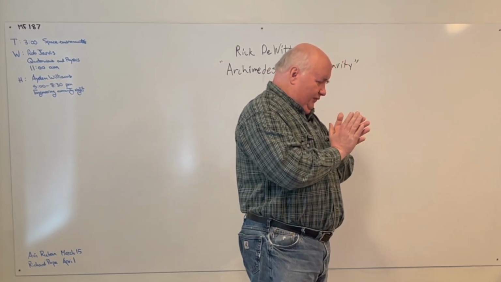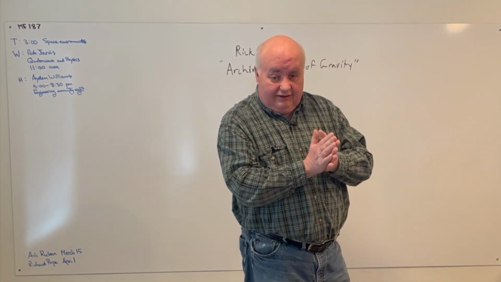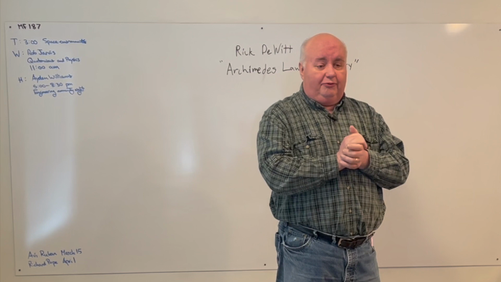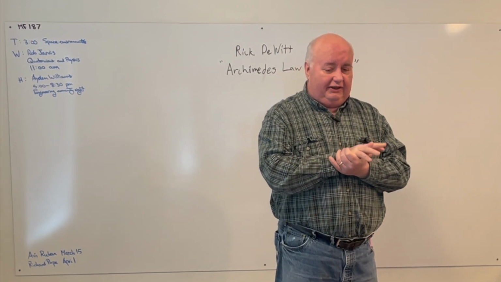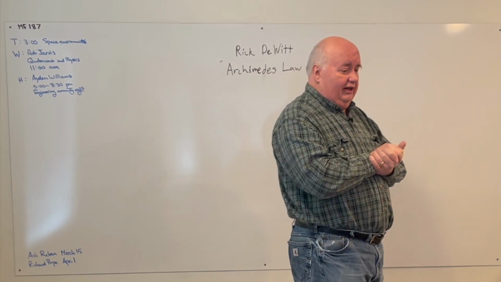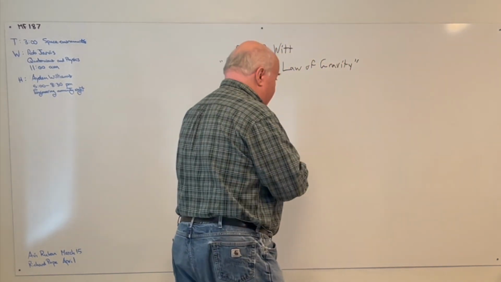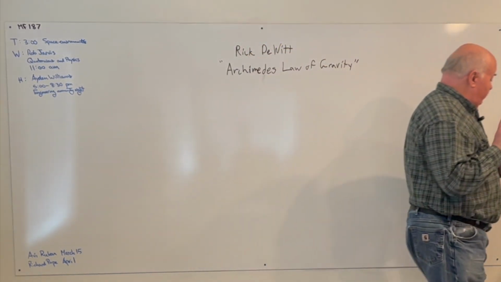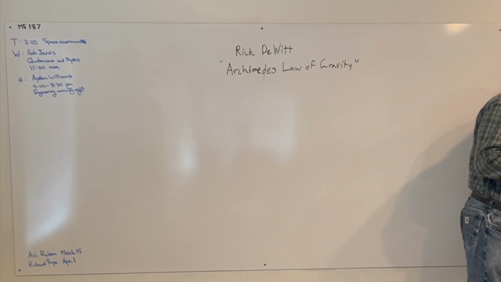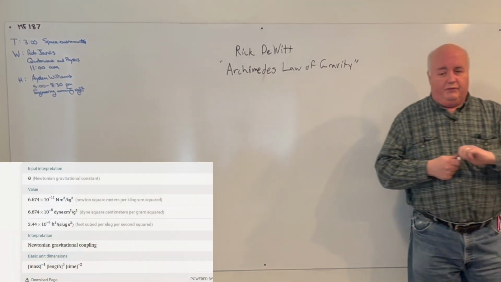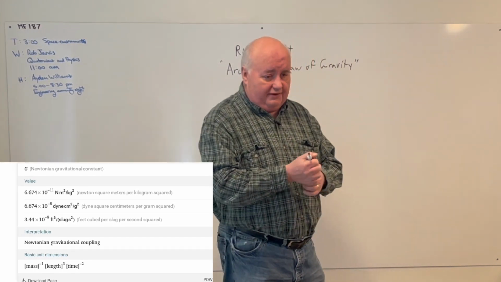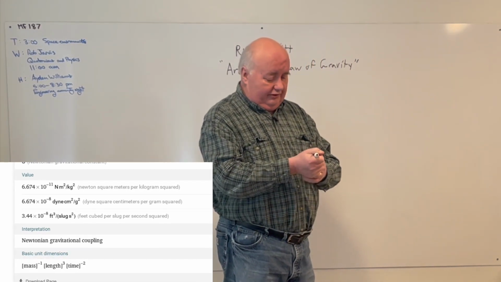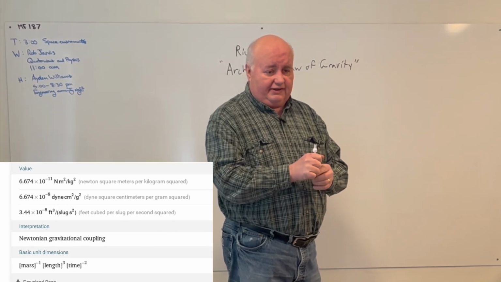Okay, so here's the experiment. We're going to start off with some data. I'm going to ask you to please look up the value of the universal gravitational constant. We're going to use it in two measurement systems: meters, kilograms, and seconds, and also centimeters, grams, and seconds.